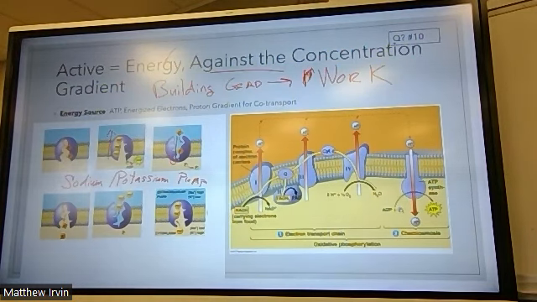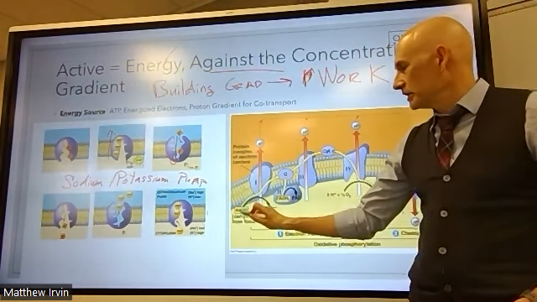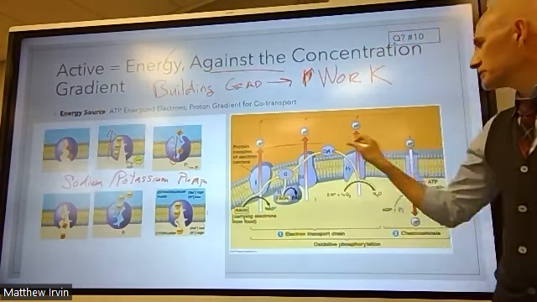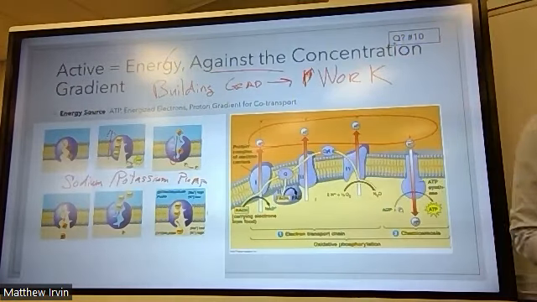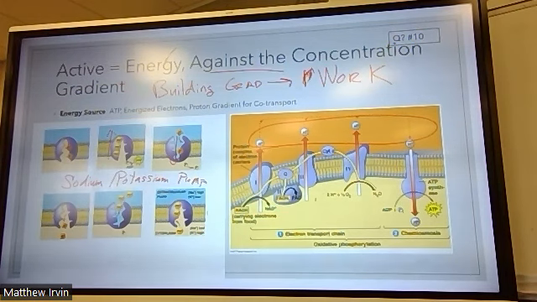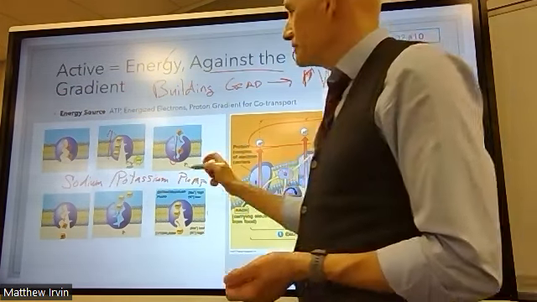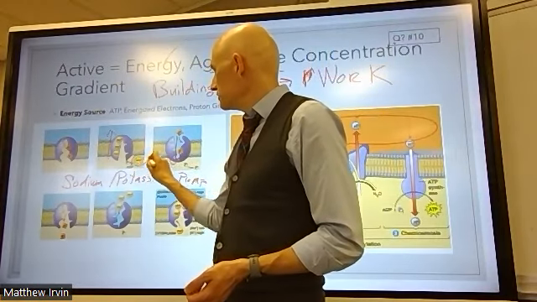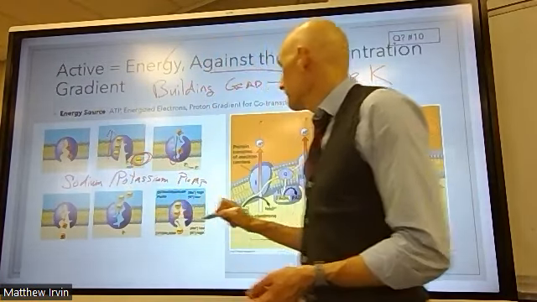Then, of course, we also have the electron transport chain. So we pump our hydrogens across, make our hydrogen gradient to power ATP synthase. So all of those require energy. They are different, however. Sodium-potassium pump is getting its energy from ATP.